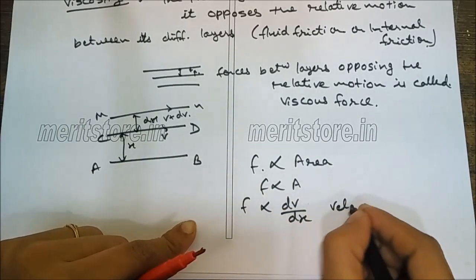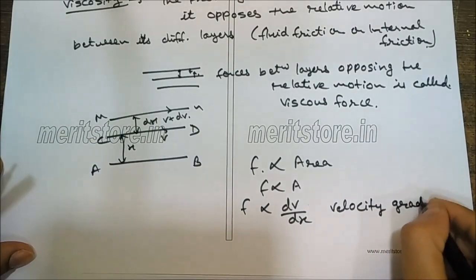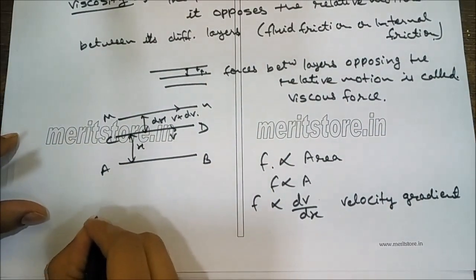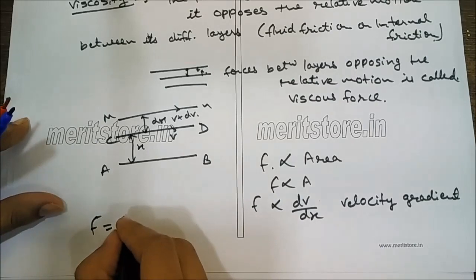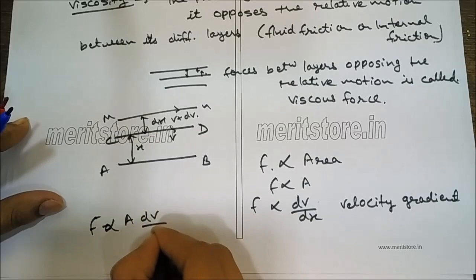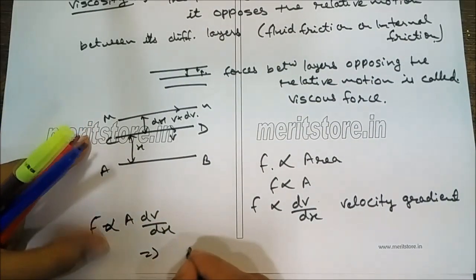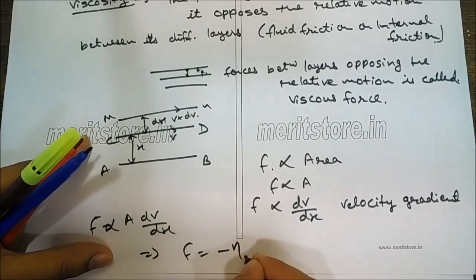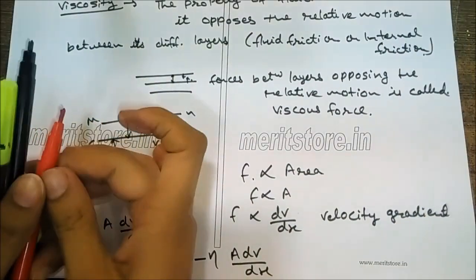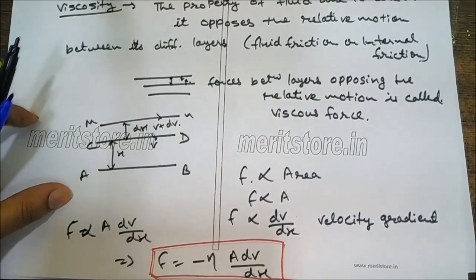So together, F is proportional to A dv by dx, or we can write F is equal to minus eta A dv by dx. This is the formula to calculate the friction force.